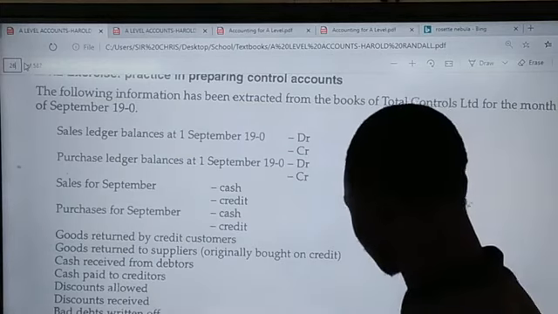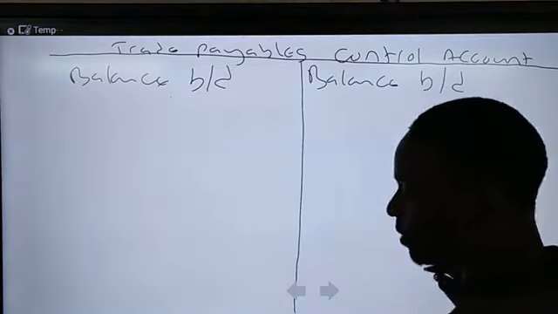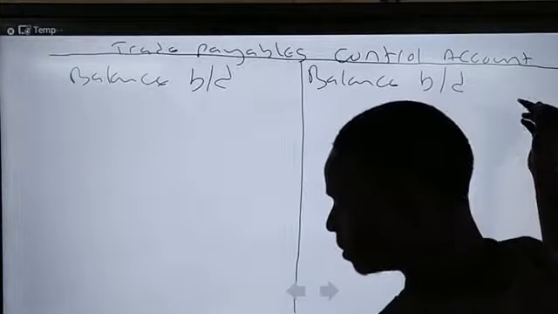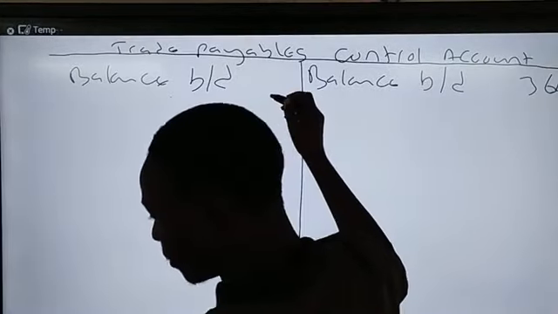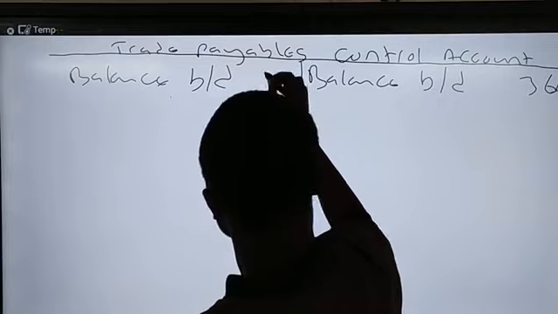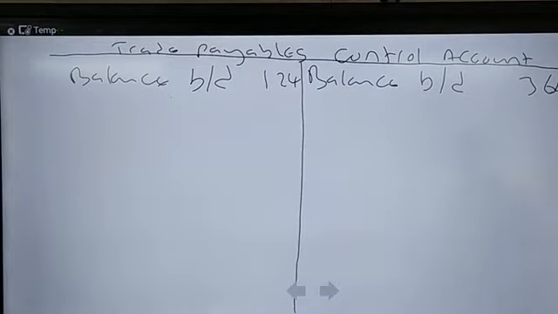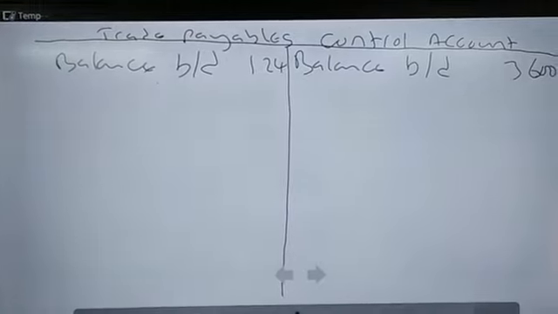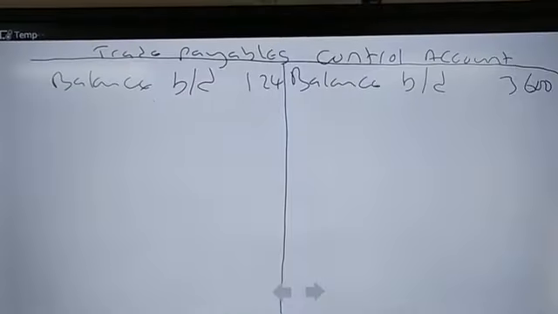So let's record it on our board. Balance BD, the one on the credit is 3,600. The one on the debit is 124. So that's the first part. We record our balances brought down.